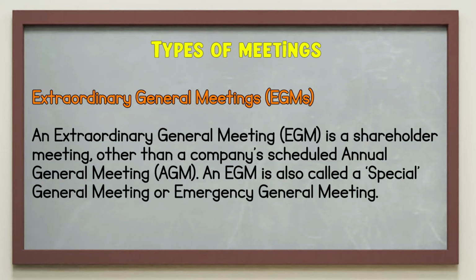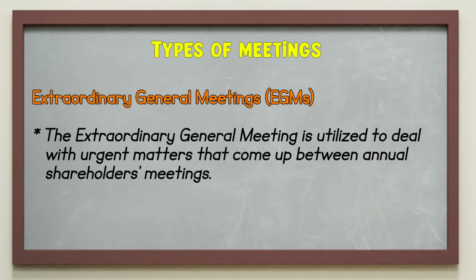The extraordinary general meetings, also known as EGMs. An extraordinary general meeting is a shareholder meeting called other than a company's scheduled annual general meeting. An EGM is also called a special general meeting or emergency general meeting. The extraordinary general meeting is utilized to deal with urgent matters that come up between annual shareholders' meetings.